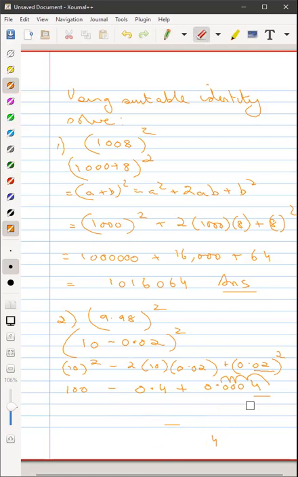Okay, combine. So it's 100 plus 0.0004, that's 100.0004 minus 4 will give you 99.6004, right? Yes, sir. Any doubts, anyone in this question?